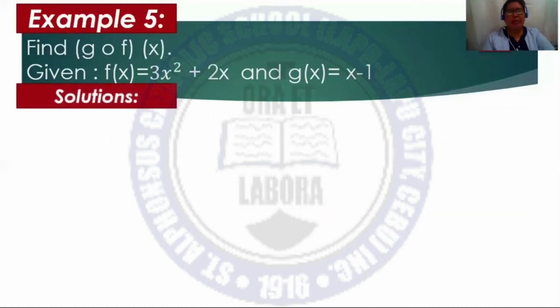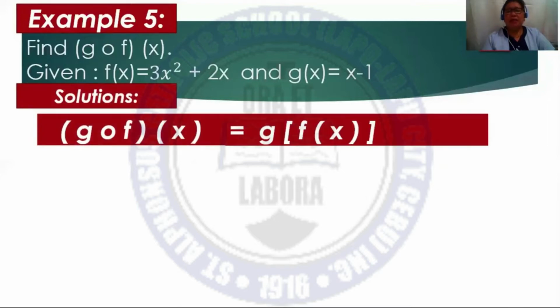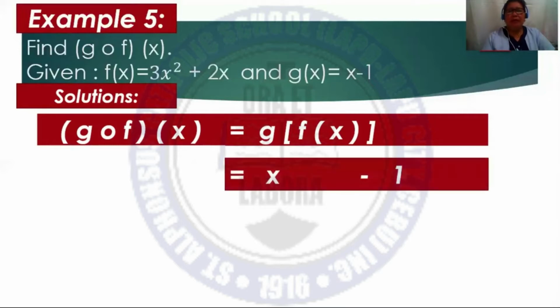So, solutions. G circle f of x can be written as g of f of x. So, g is the outer function and f of x by this time is the inner function. We follow the pattern of g of x. The given is x minus 1.